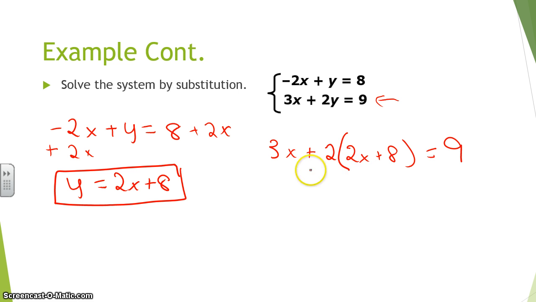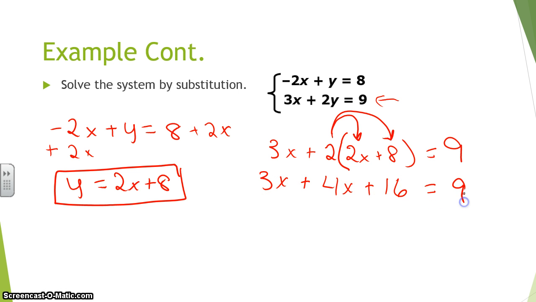We're going to be solving for our x's here. First, let's distribute 2 to each term inside the parentheses. 2 times 2x gives me 4x, plus 2 times 8 is 16. So I have 3x plus 4x plus 16 on the left equals 9 on the right. Let's combine like terms on the left.